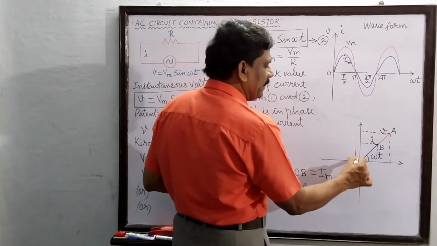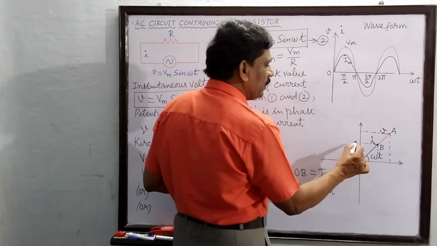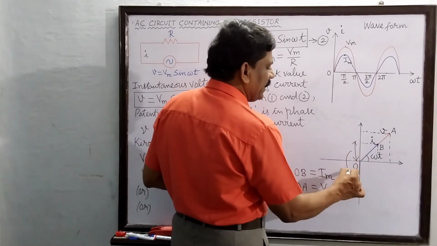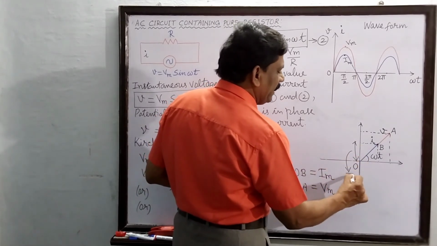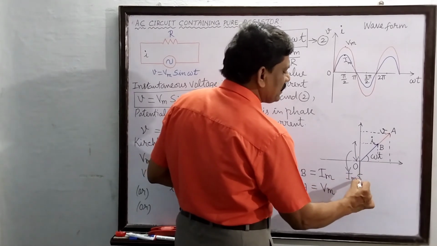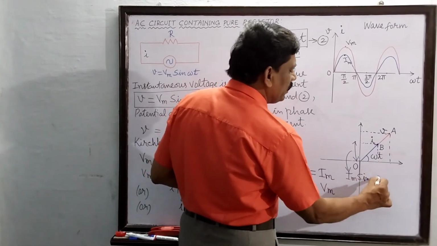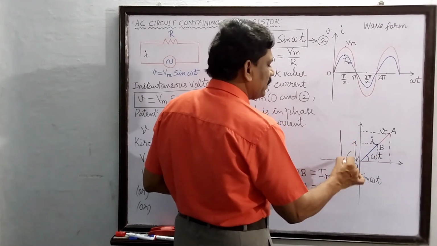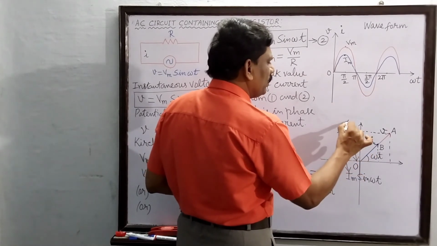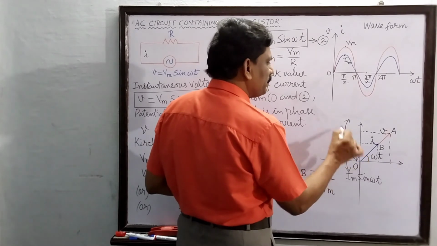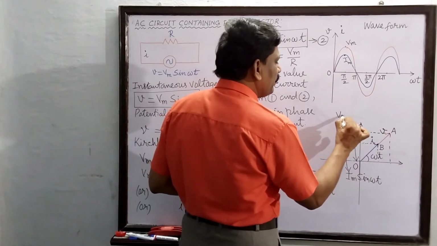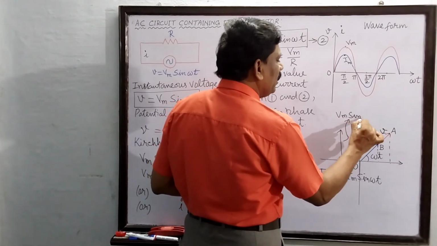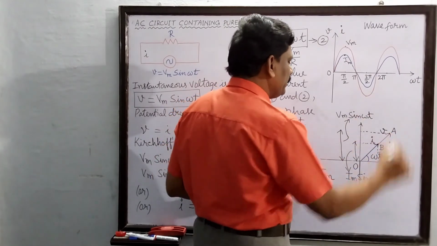So this height must be equal to I maximum into sine of omega into t. Similarly, from here, this height must be equal to V maximum into sine of omega into t.